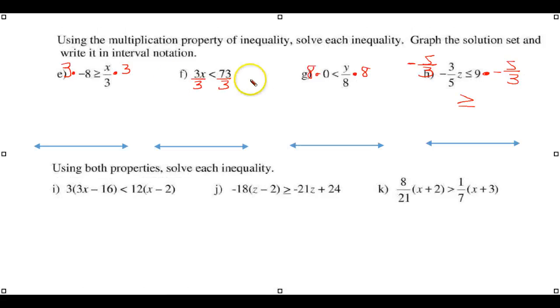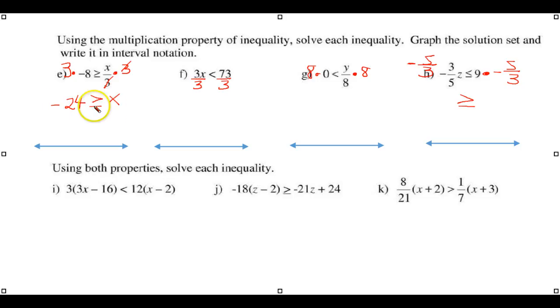Okay. Now remember, I do have a longer version of this, but in letter E, we're now going to multiply each term by the lowest common denominator. So on this side, the 3's cancel out, and I get negative 24 is greater than or equal to x.